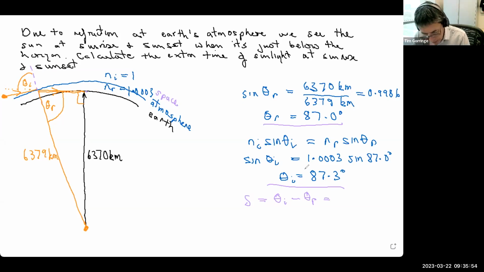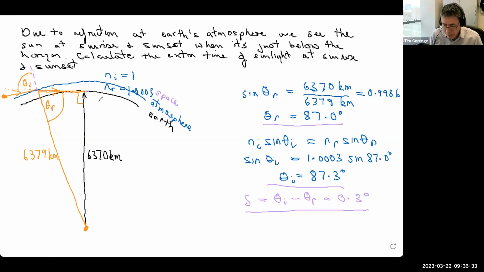And so this is going to be 87.3 degrees minus 87.0 degrees. This is just 0.3 degrees. And so that is the angle below the horizon at which we first see the sun, 0.3 degrees. It's the angle below the horizon that we last see the sun at sunset, 0.3 degrees.